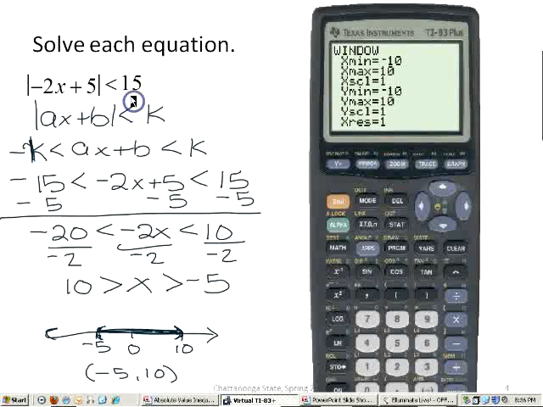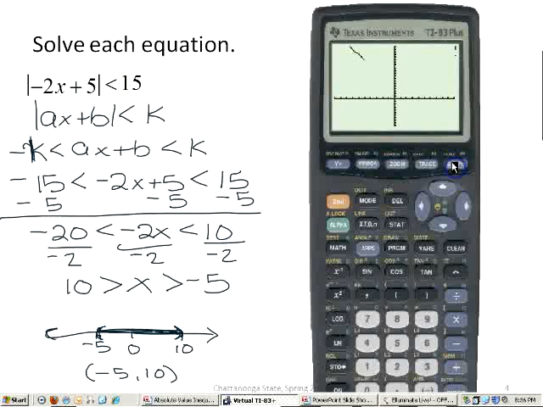Now I need to set my window so that I can see that. Here, my standard window only goes up to a y value of 10. I need the y value to be bigger than that 15. So I'm going to go up to a y value of 20. So I've set my y max to 20.